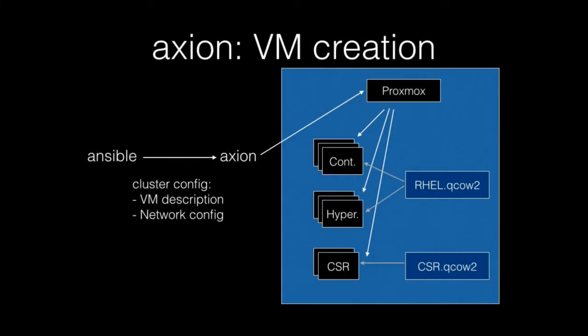So let's see what axion does in detail. It does basically two things. As you could see from the previous slide, it does the machine creation and the machine configuration. This illustrates how the machine configuration works. Before I explain the details here, the main platform that we decided to use is something called Proxmox.